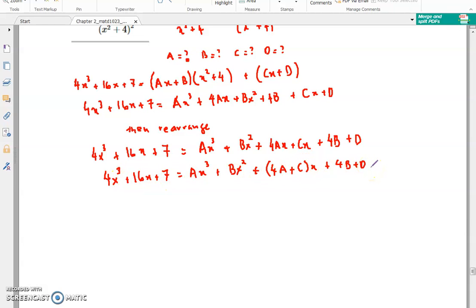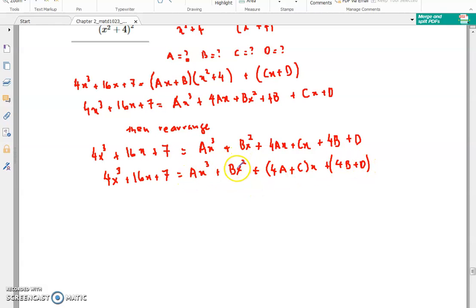So here we can do the comparing coefficient method. On the left you have 3 groups, x cubed, x power of 1 and 7, but on the right you have 4 groups: x cubed, x squared, x, and the term without any variable. So we cannot compare yet because we have a shortage of a group on the left hand side. Let us complete the group on the left hand side: 4x cubed plus 0 x squared plus 16x plus 7 equals ax cubed plus bx squared plus (4a plus c)x plus (4b plus d).